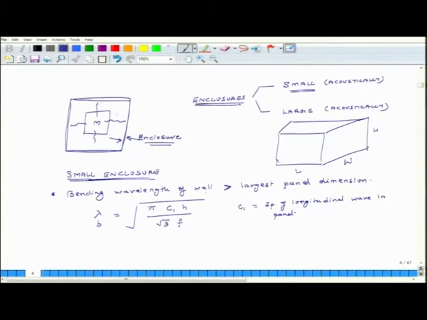Sound travels in air, similarly sound travels in water, similarly sound can travel in solids also. The phenomenon is similar, but in solids it not only travels in a longitudinal way, it can also travel in different ways.